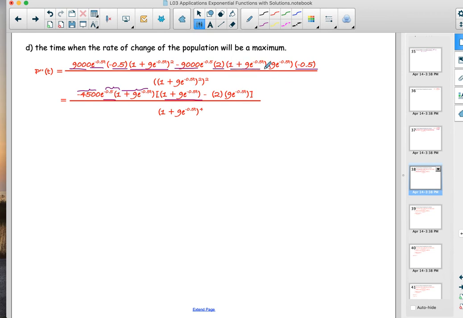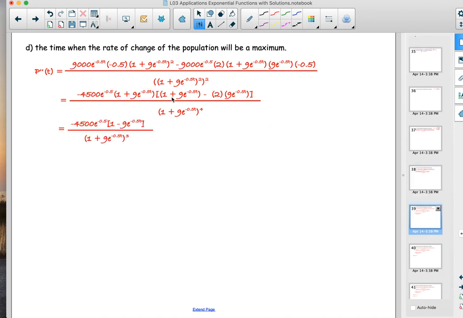Now we need this little piece. That can come from here. I didn't factor that out of there, I factored it out of here. There's e to the negative 0.5. That's that piece there. And then the piece that's remaining is sitting right there. And so now we can clean this up. We've got 1 plus 9e to the negative 0.5t minus 18e to the negative 0.5t.